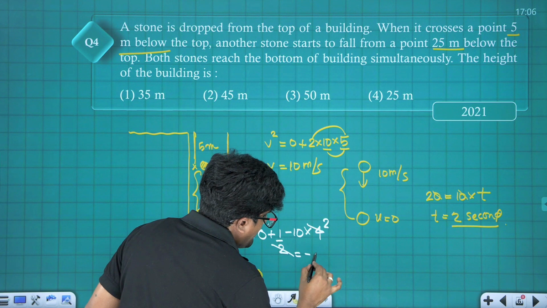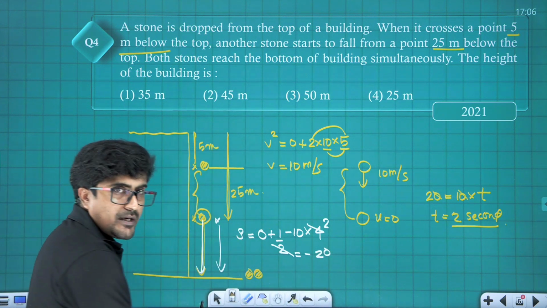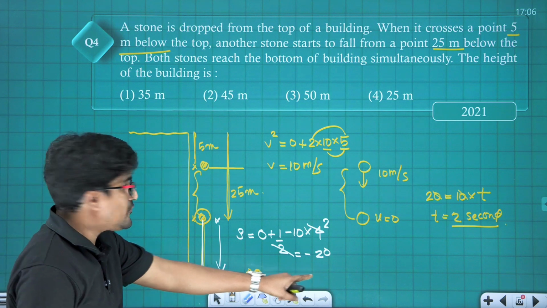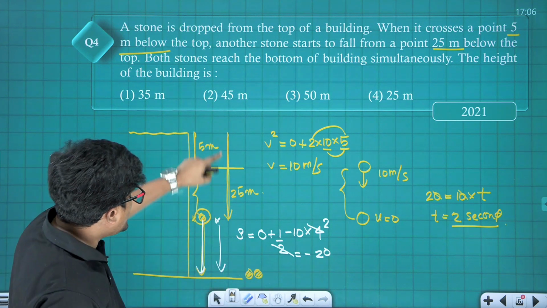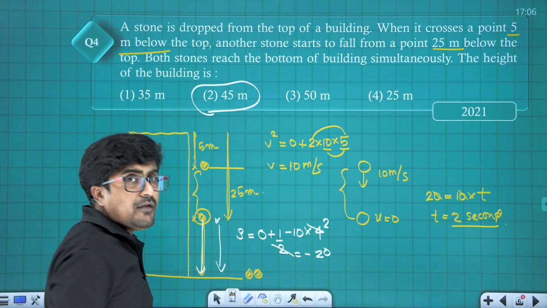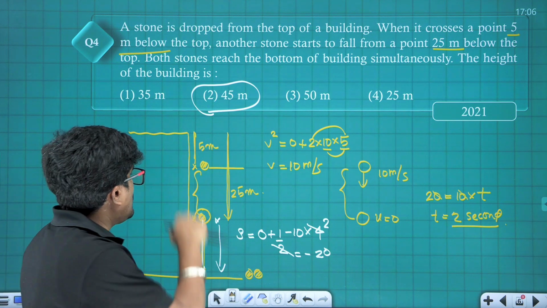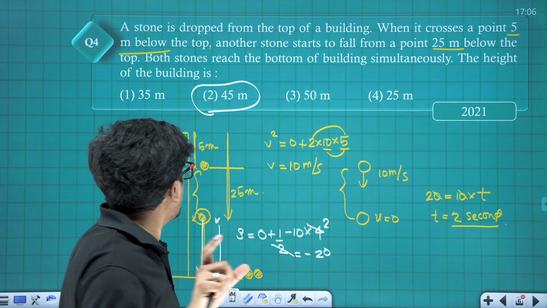So here this is going to be minus 20. That means from here 20 meters in the downward direction. That is what the displacement is, minus 20. And what was this height? That was 25. So here this is 20, here this is 25. So the total displacement needs to be minus 45. In other words, I can say that the height of the building is 45 meters.